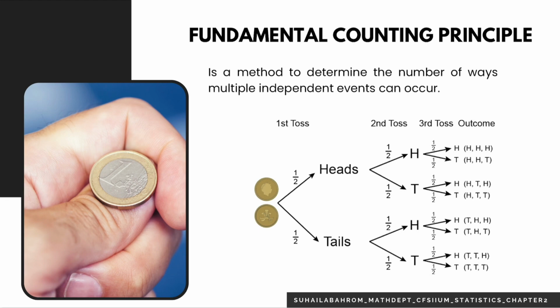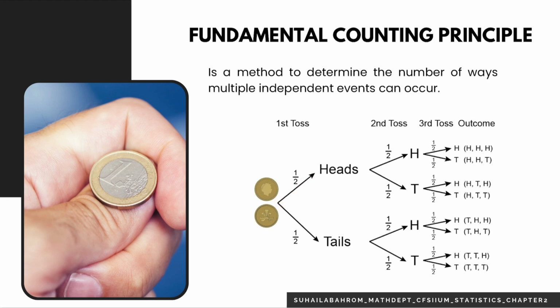When you toss a coin for the second time, the chances for head and tails are still equal, 50% and 50%. When you toss a coin for the third time, the chances are still the same, 50% and 50%. So the brackets here refer to the outcome.